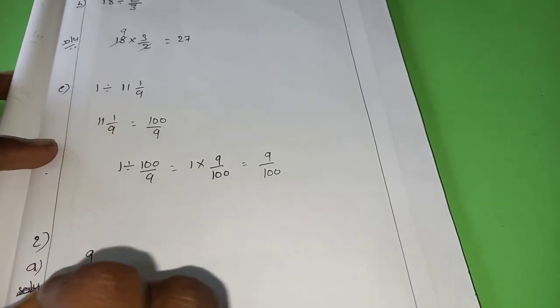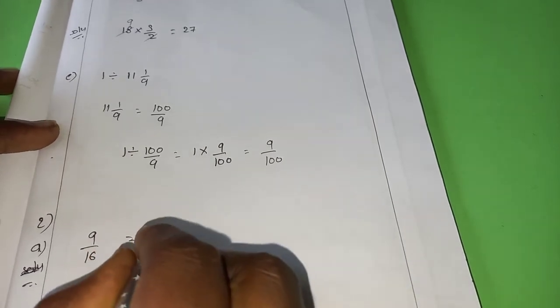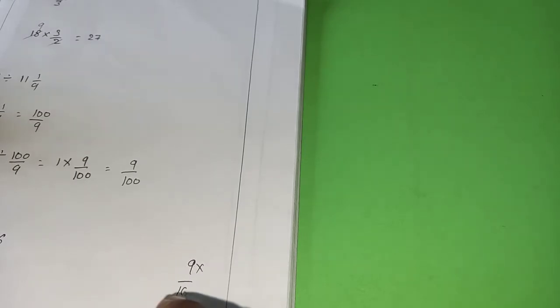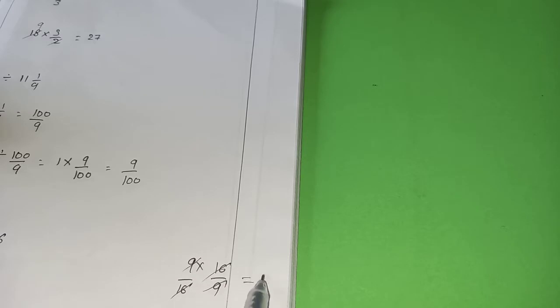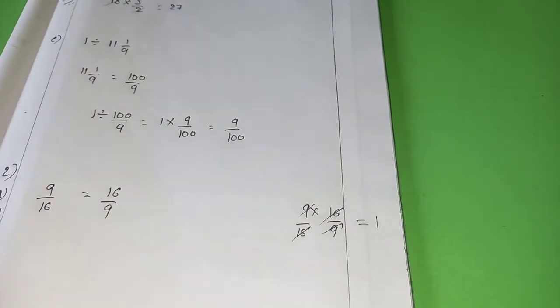A. 9 by 16. What's the reciprocal of 9 by 16? 16 by 9. Why? 9 by 16 into 16 by 9, 9 9 cancel, 16 16 cancel, you get 1. Like that you have to write the reciprocal for each and everything.